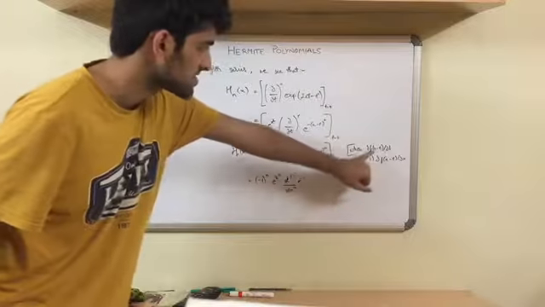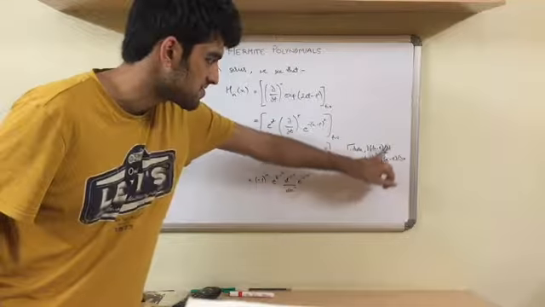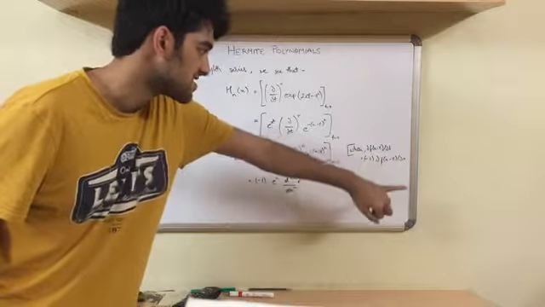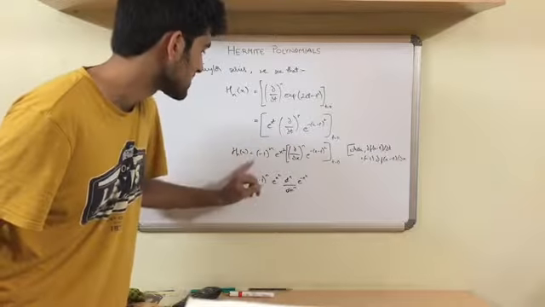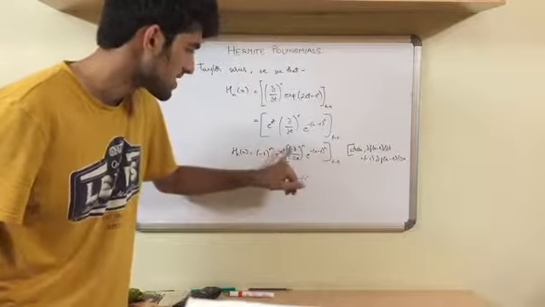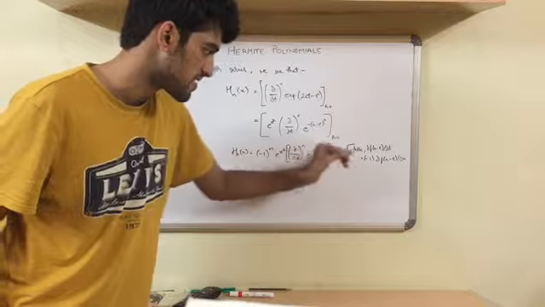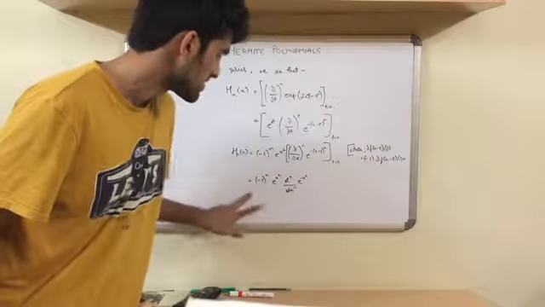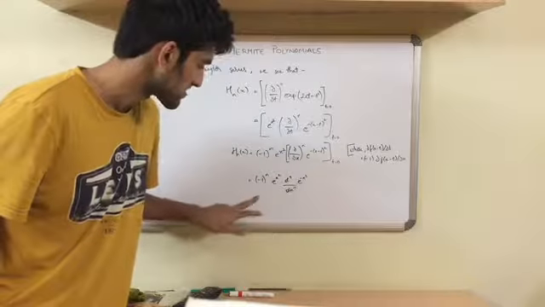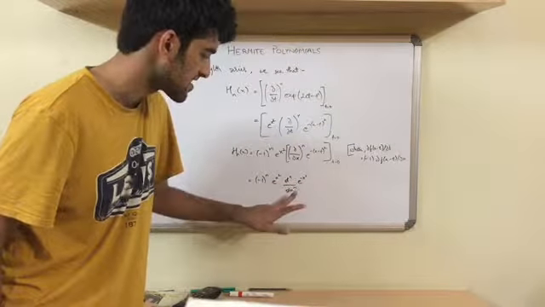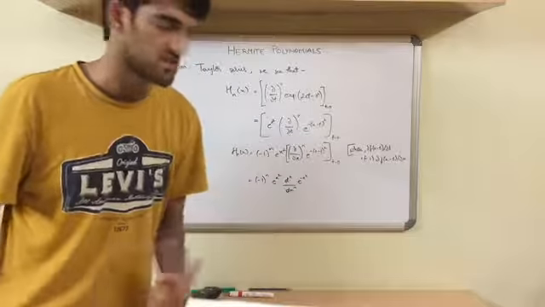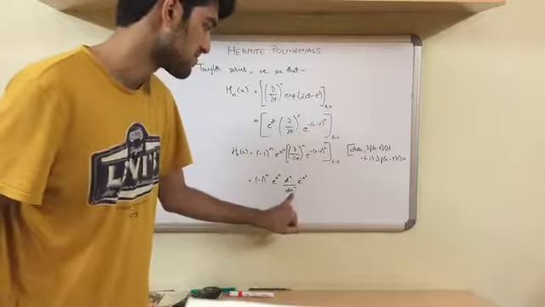And then since dou of f of x minus t by dou t is minus 1 of this, we write minus 1 power n here, and we change it to Hn of x is equal to minus 1 power n e power x squared dou by dou x n of e power minus x minus t whole squared, which we can arrive at this final thing: minus 1 power n e power x squared d n by dx power n of e power minus x squared. We are differentiating with respect to x.